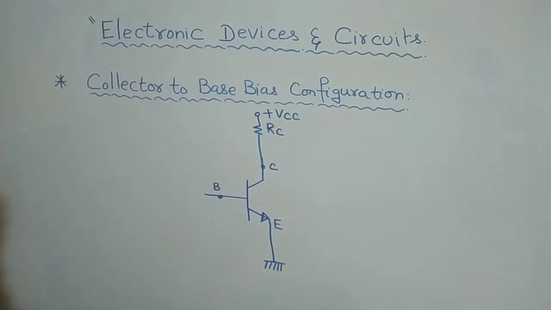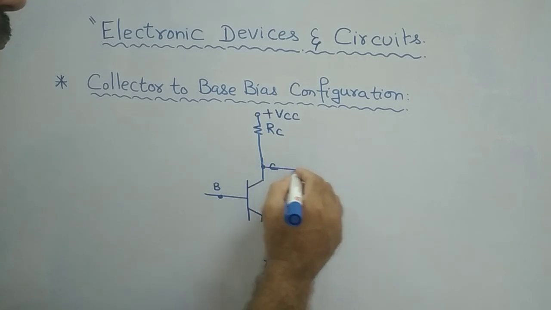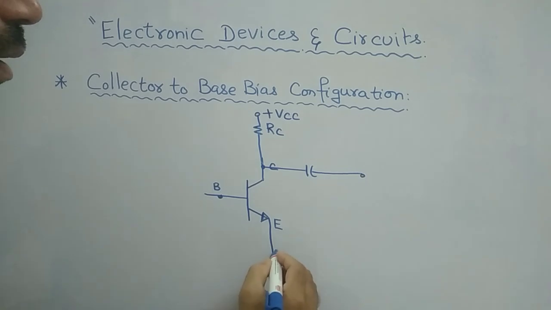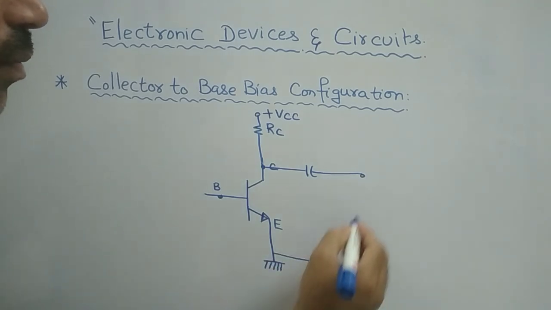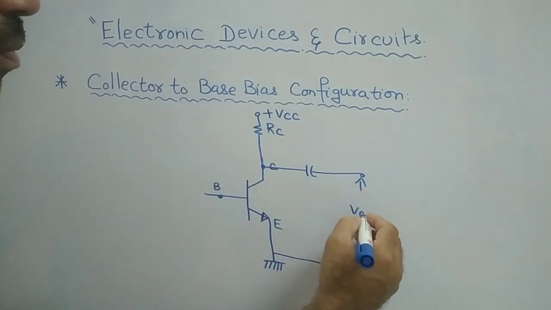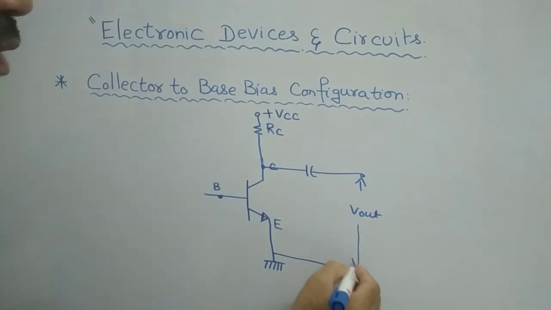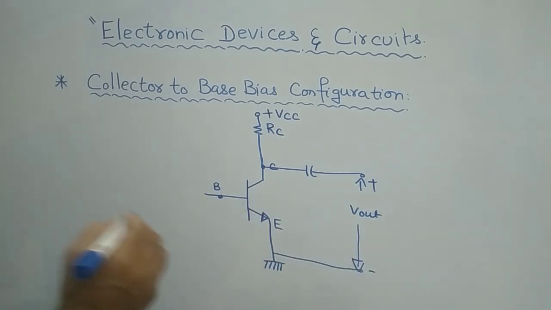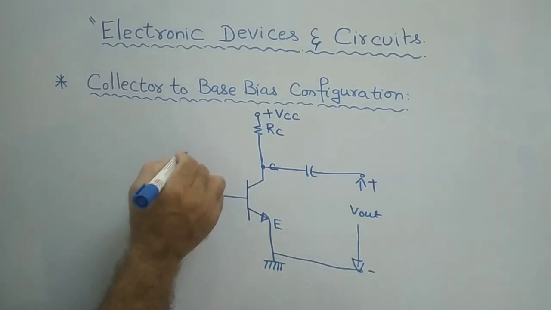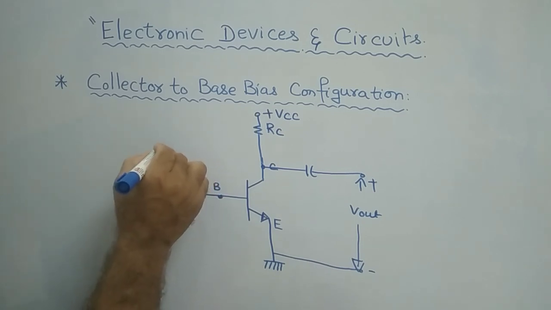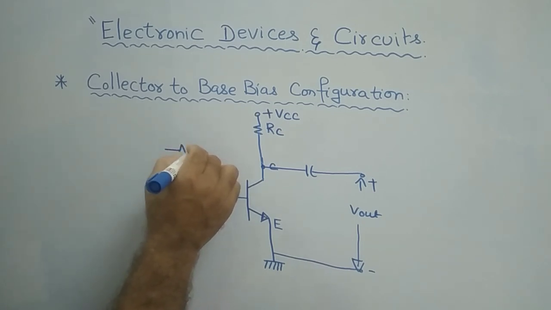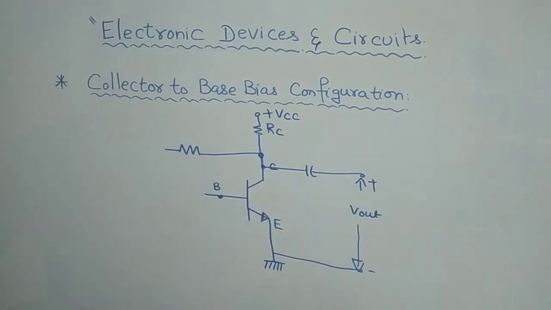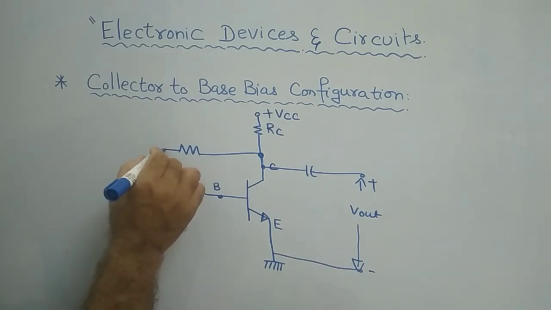From the collector point, the output is taken with respect to the emitter. This is V out, the output. The base resistor RB is connected from here to the base point.